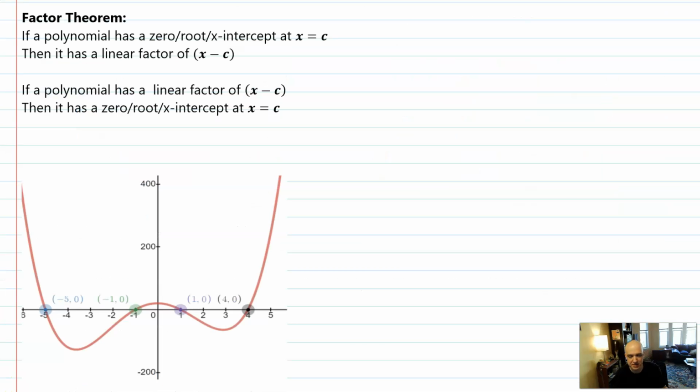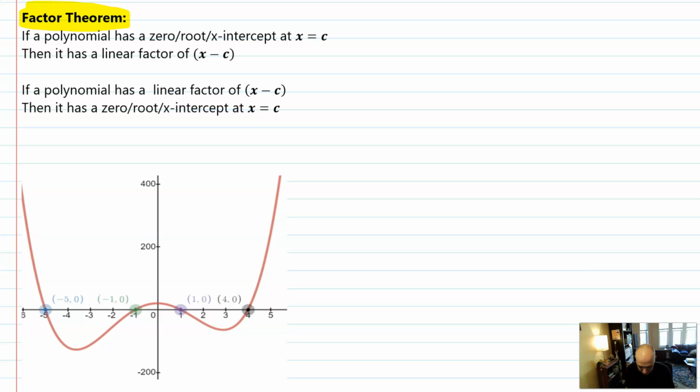So let's now start talking about the graphs of polynomials themselves and how you can construct them and be more specific about what the graphs look like. So I have prepared here below the graph of a polynomial. And I want to talk first about something we mentioned in class, but it's called the factor theorem. And the factor theorem, super important in this entire section. It goes something like this.